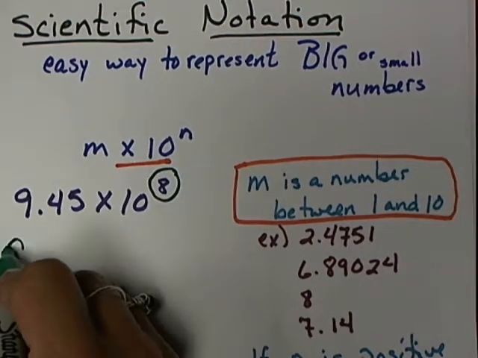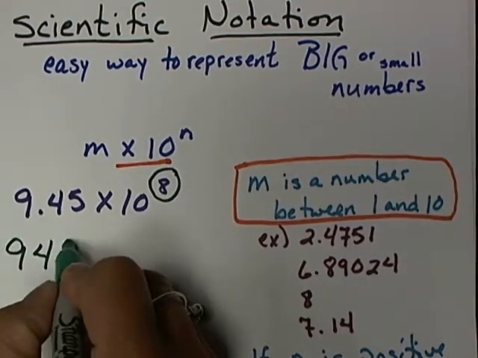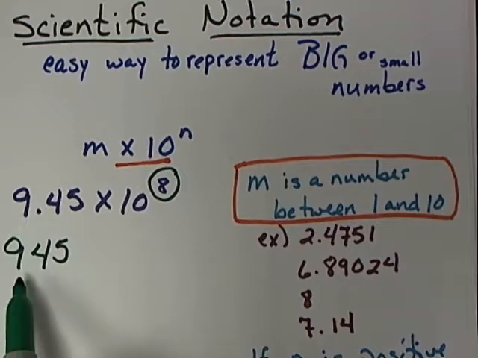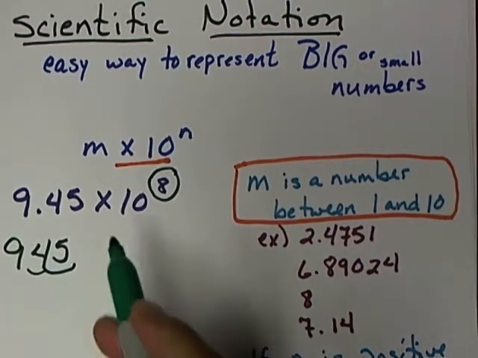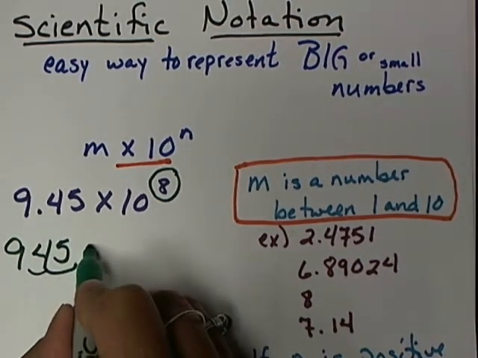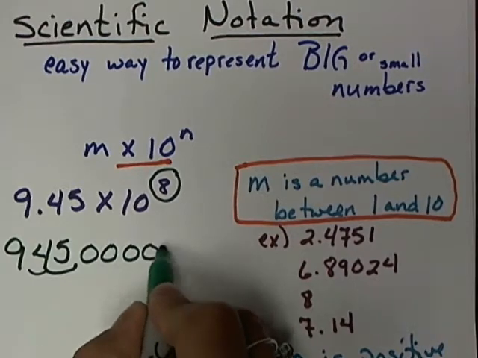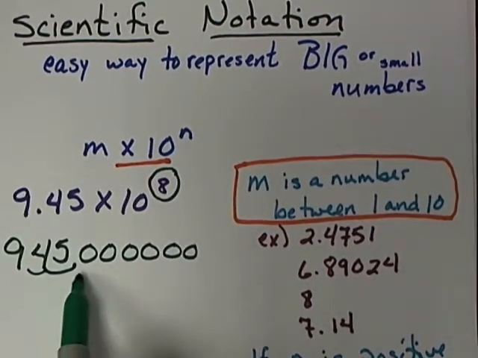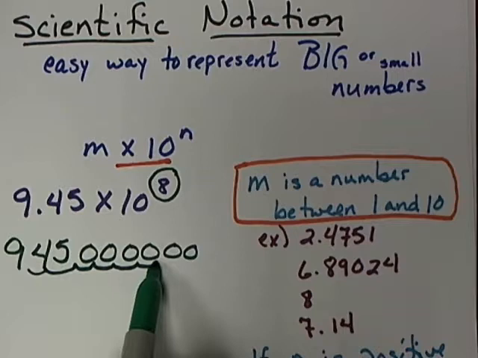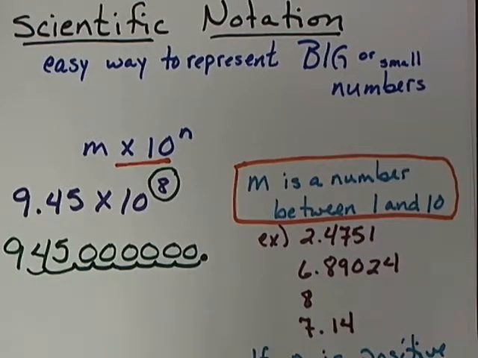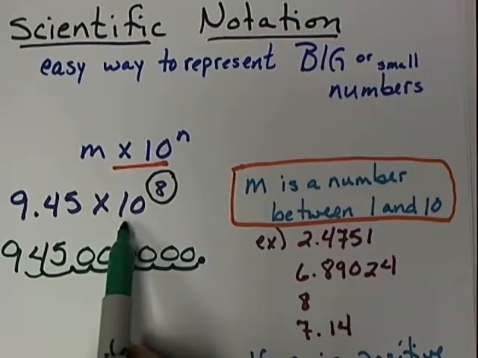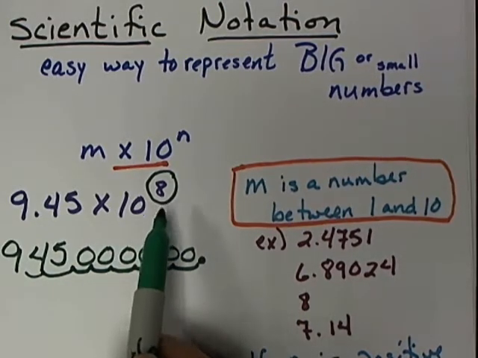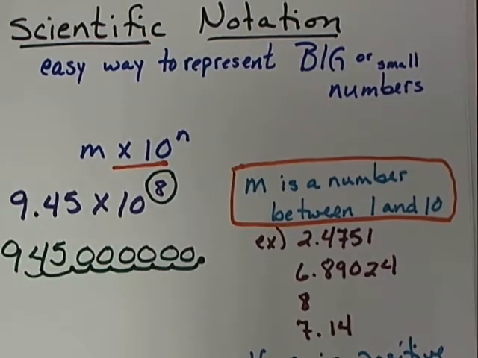So right now I have 9.45, so that would be moving it 1, 2, and then we need 6 more: 3, 4, 5, 6, 7, 8. And so now the decimal point is over there. Because we expanded this, we took the 10 times itself 8 times, which only moves your decimal point.